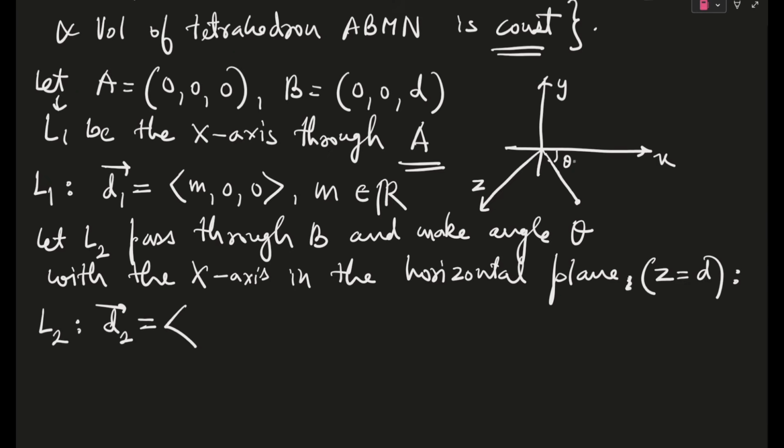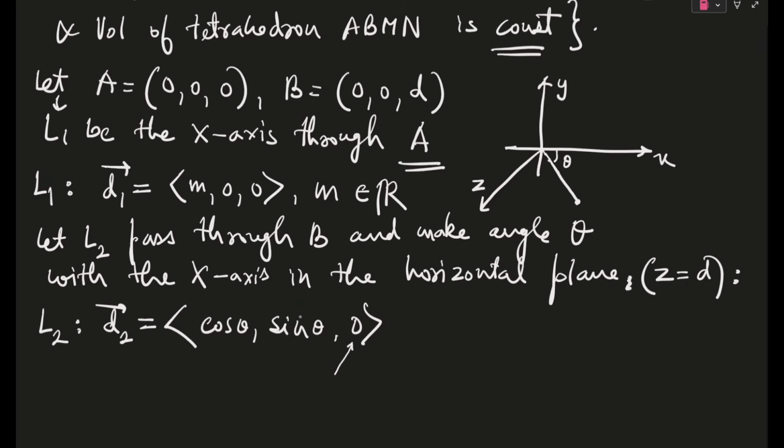So if we want to denote the direction vector of L2, it becomes cos theta, sin theta. For x it is cos theta, for y it is sin theta, and for z it will obviously be 0 because it's in the horizontal plane z. I should say direction cosine for z will be 0.